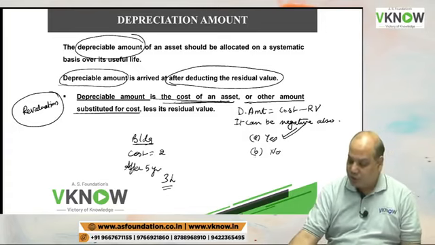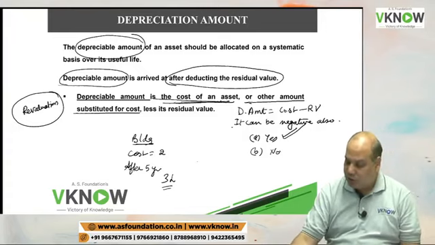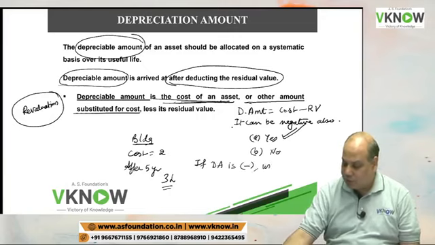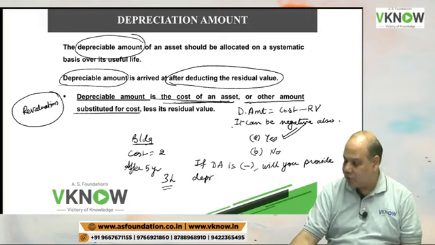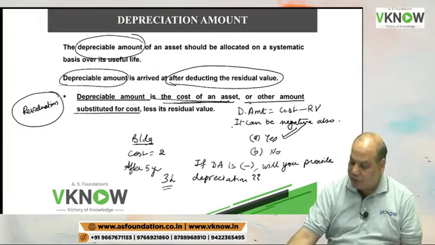Now, if the depreciable amount becomes negative, then what will you do? Next question. If the depreciable amount is negative, will you provide depreciation? Usha, Sanket, Tanya, Sonam. Option A, yes.